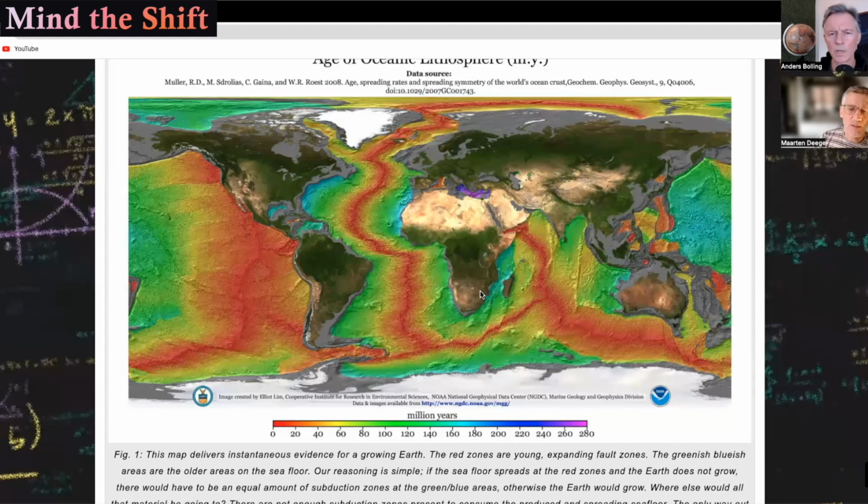And how do these scientists who are not expansionists explain that? They explain it with the reorientation of the magnetic particles on the seafloor, the so-called, how do you say this, pole reversal, changing of the magnetic poles.